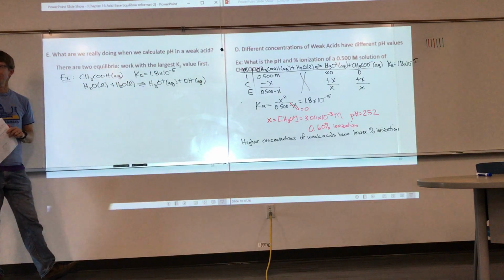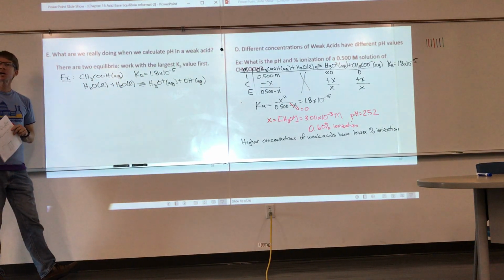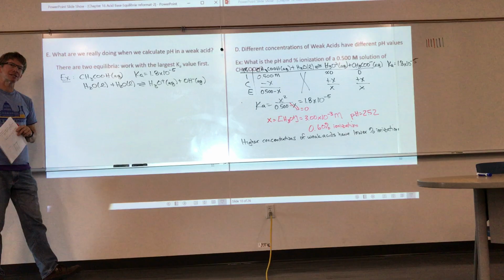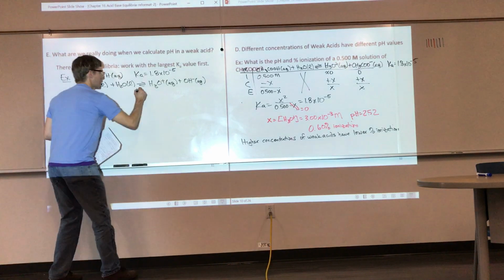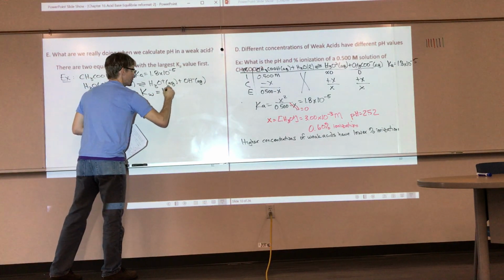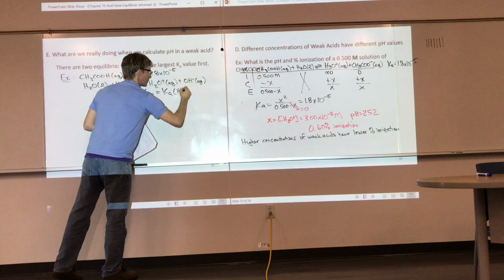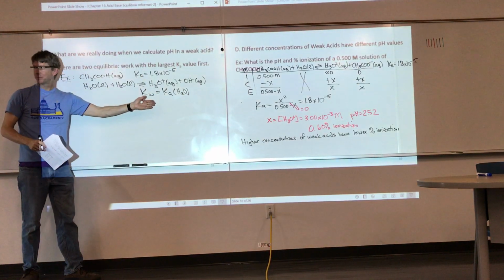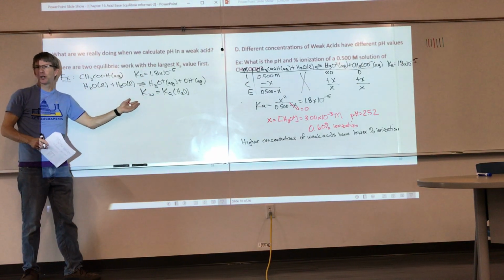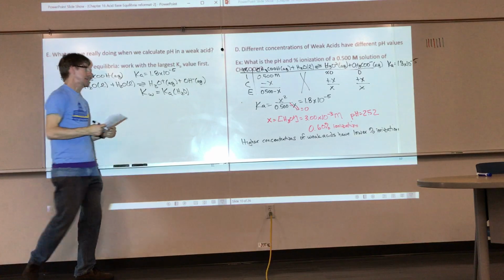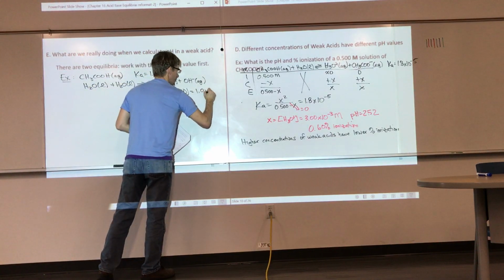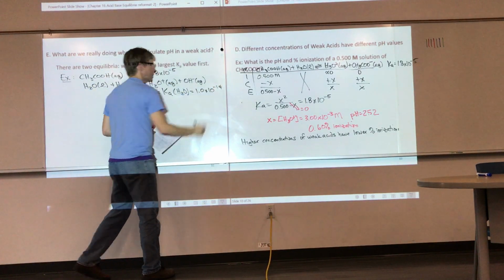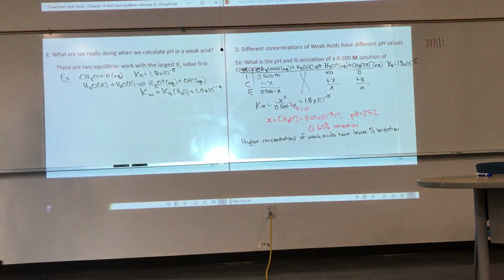What is the K value for that? 1.0 times 10 to the minus 14. So we call it Kw. It's really Ka for water, although you'll always call it Kw in this class. And it's 10 to the minus 14.